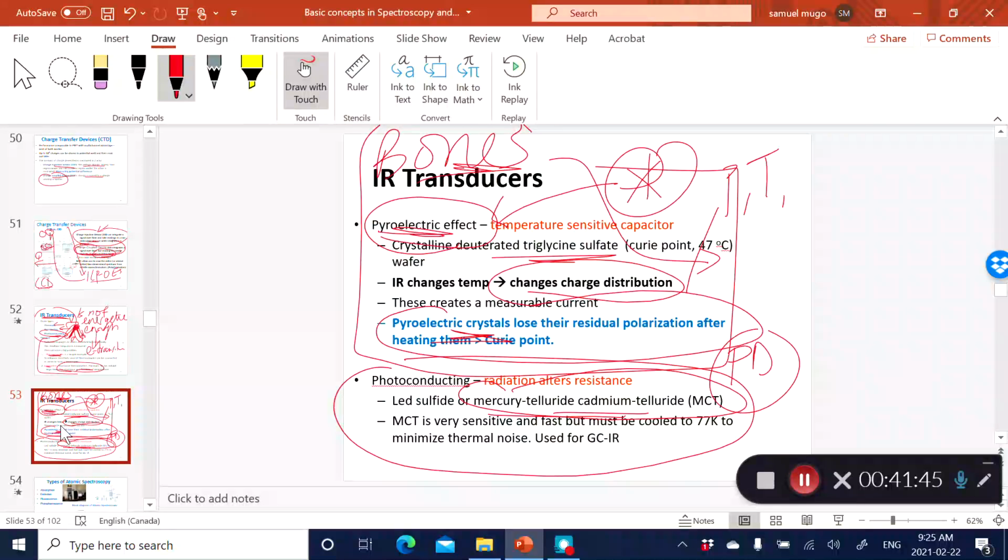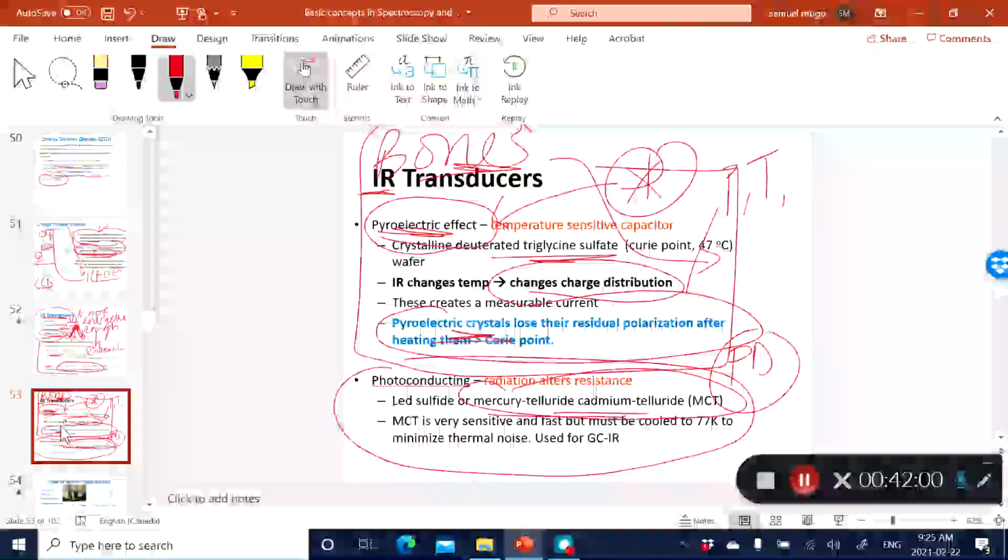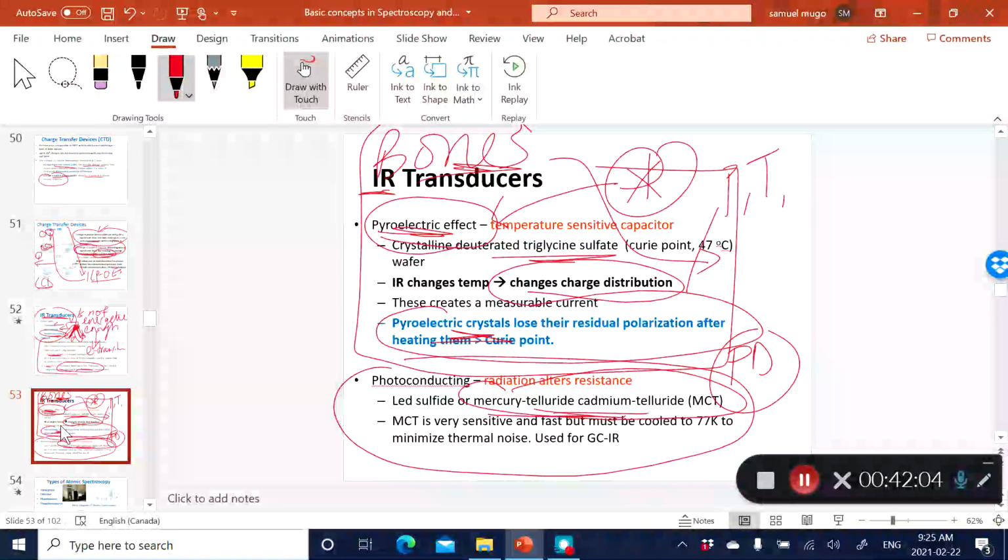Because, as I've said, the valence band is not very far from the conduction band, even heat from IR can cause that transition. And so you can measure the current that is generated as IR is impinged on a photodiode material.